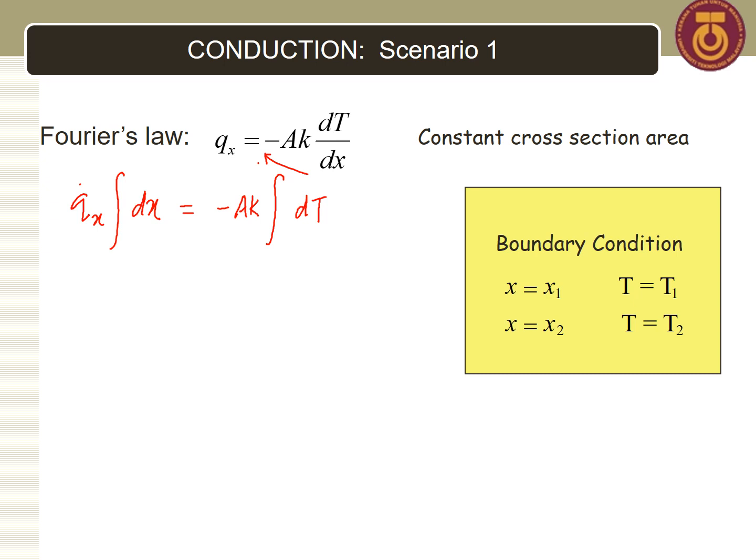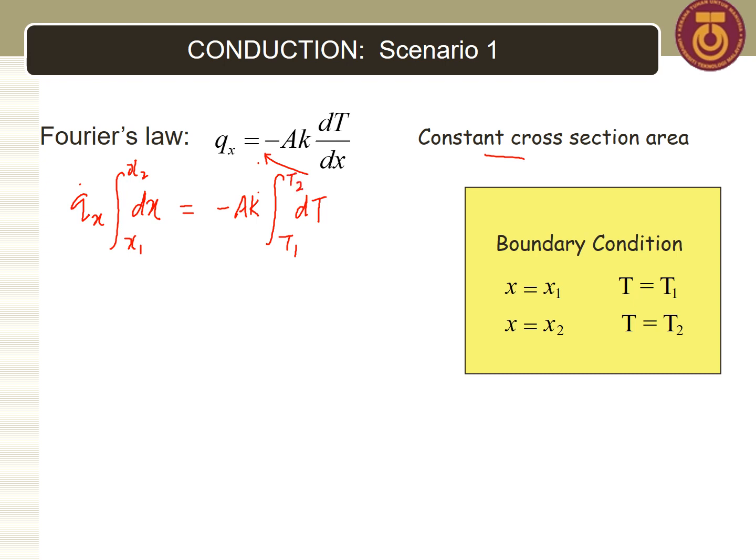The same goes for A, because we assume a constant cross-sectional area. Then K, the thermal conductivity, we also assume is constant within the boundary. The boundary here is x1 to x2, and at x1 the temperature is T1, at x2 the temperature is T2.